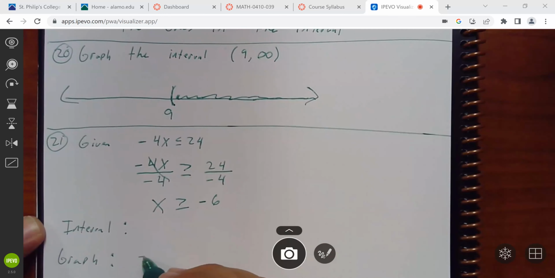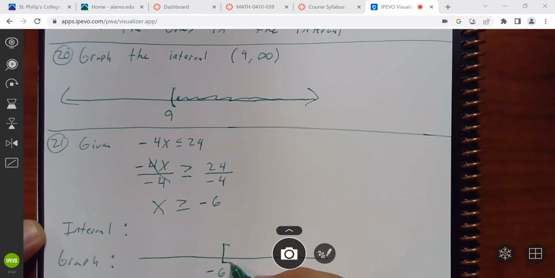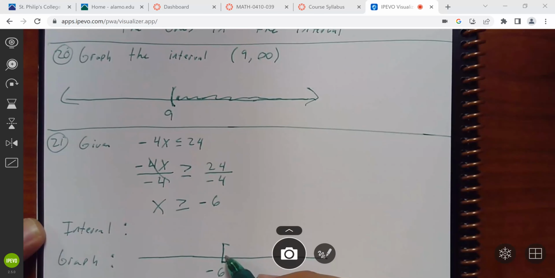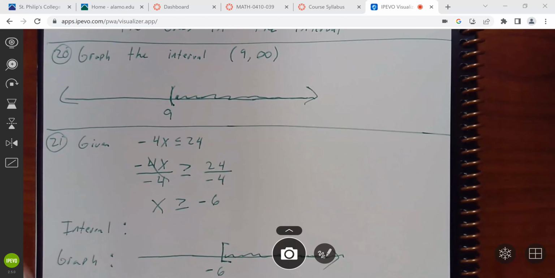Is the graph gonna be a bracket, right? What's the interval though? It keeps going, so how do we write it?